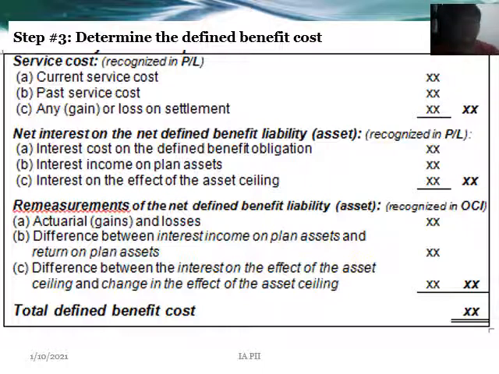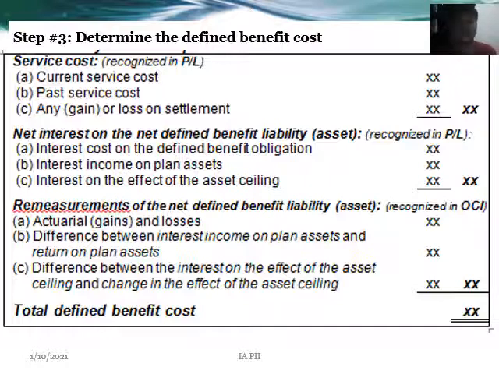So, the service cost is composed of current service costs, past service costs, and any gain or loss on settlement. While the net interest on the net defined benefit liability or asset is composed of interest on the defined benefit obligation, interest income on plan assets, and interest on the effect of the asset ceiling.